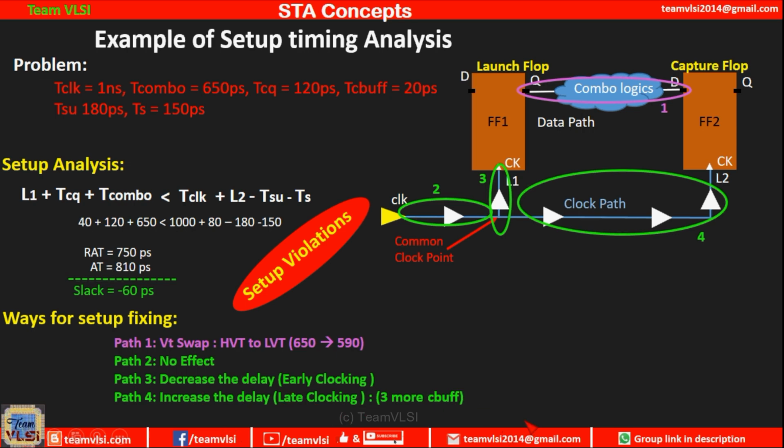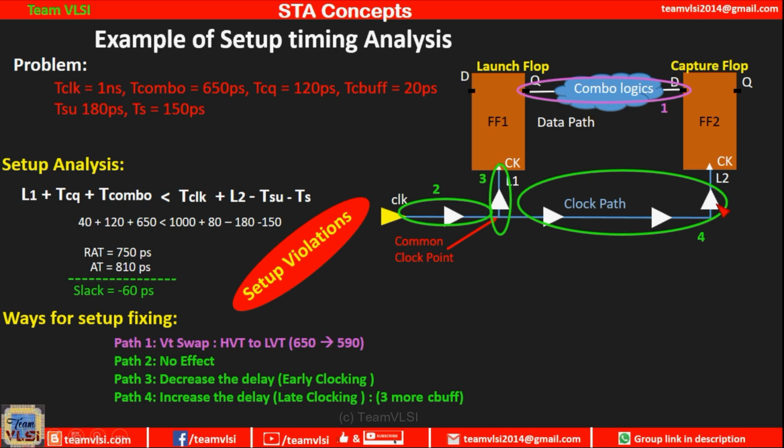You have to analyze the previous path and the next path. Suppose in order to meet the setup timing in this path, you are doing late clocking of the capture flop. Definitely by adding 3 more buffers, it will solve our problem here.